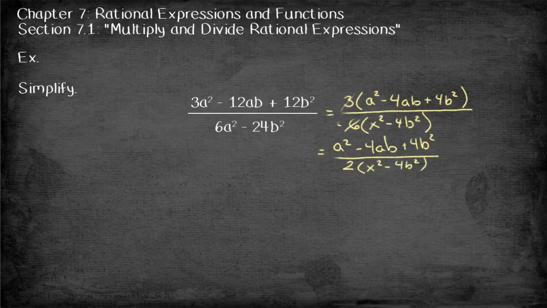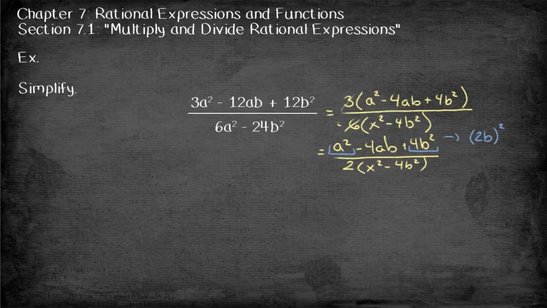And I have to completely factor the numerator and denominator to really know for sure if the thing is simplified or not. And I can tell you that this is not yet factored all the way. However, I do see that I have an a squared and a 4b squared. 4b squared is 2b squared, isn't it? And 4ab is 2 times a times b.